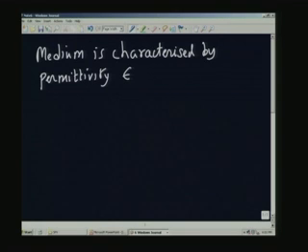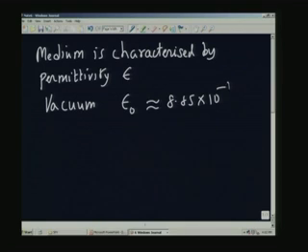And if it is vacuum, it is called epsilon subscript 0, and it has a value of roughly equal to 8.85 into 10 to the power of minus 12 farad per meter.